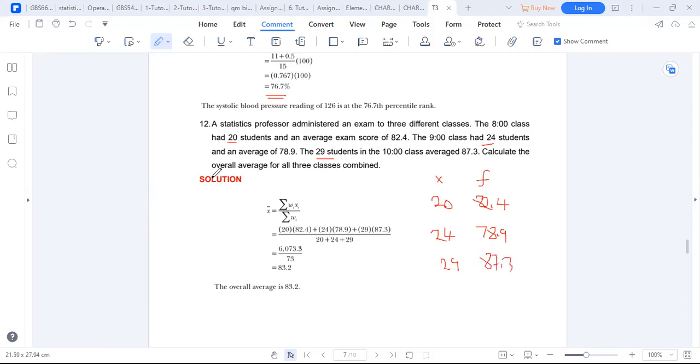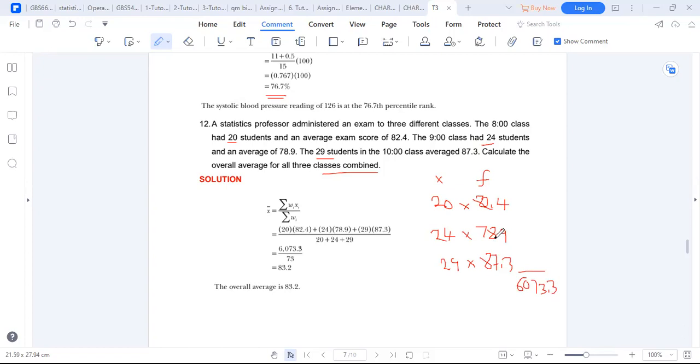We're being asked to find the overall average for all the 3 classes combined. So to multiply this is not a problem. Okay, the total we're going to get here is 73.3. But out of which total?